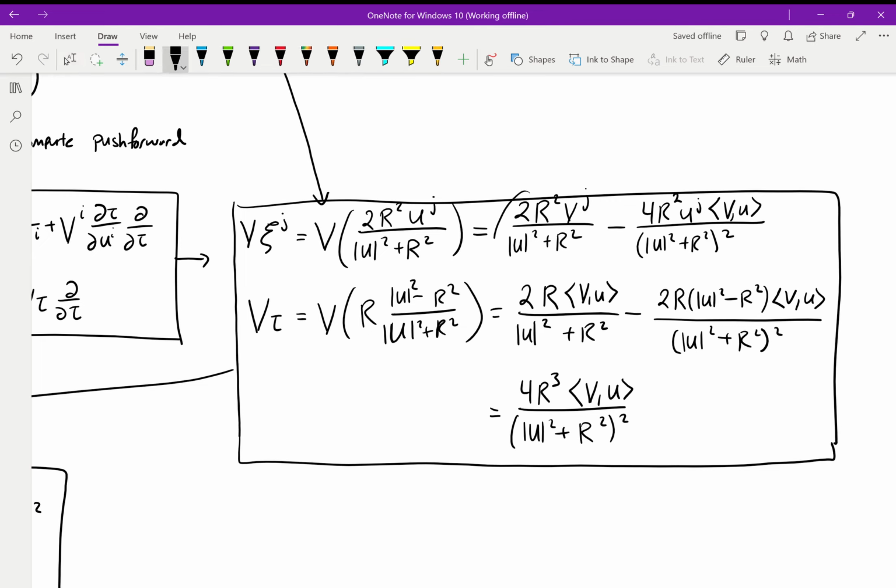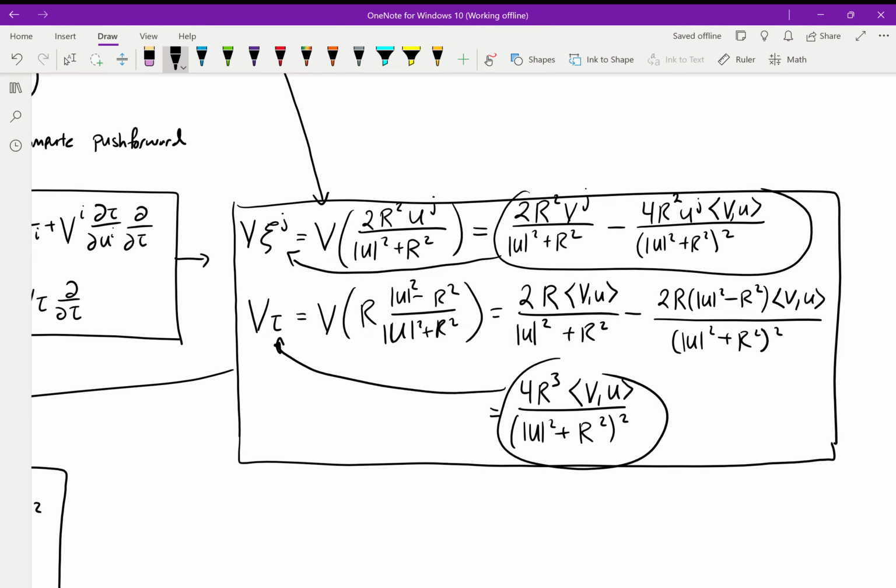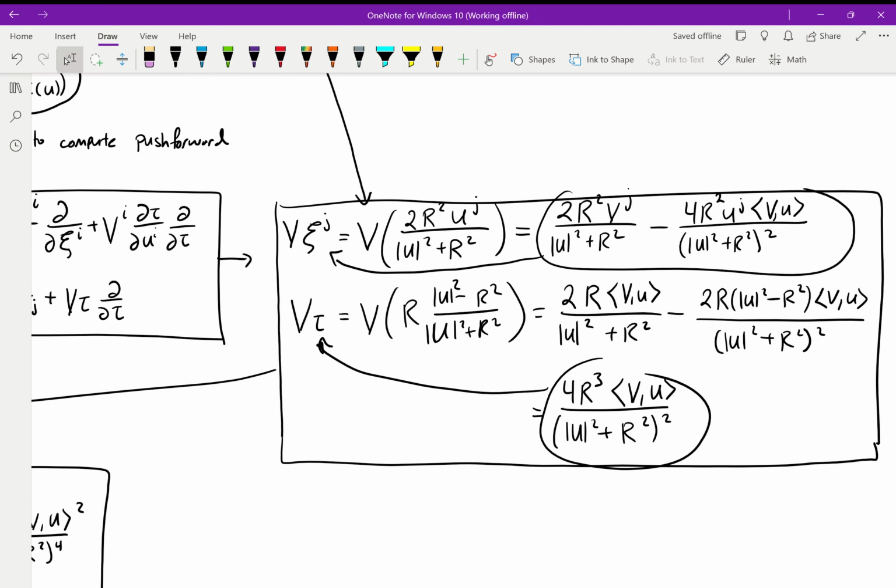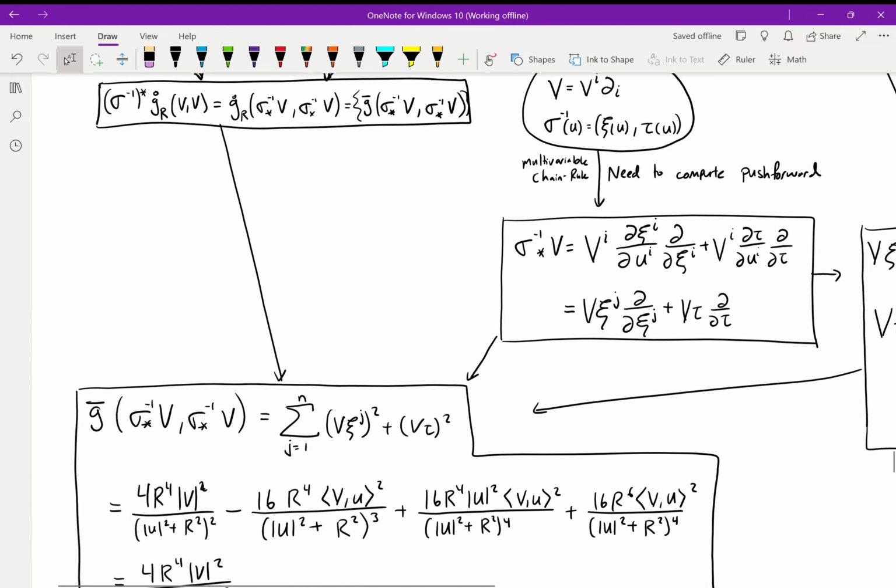I probably should circle the final answers: that corresponds to V xi, and this corresponds to V tau. And if I'm going too fast, let me know, but I don't want to bore you to death with a whole bunch of symbols.